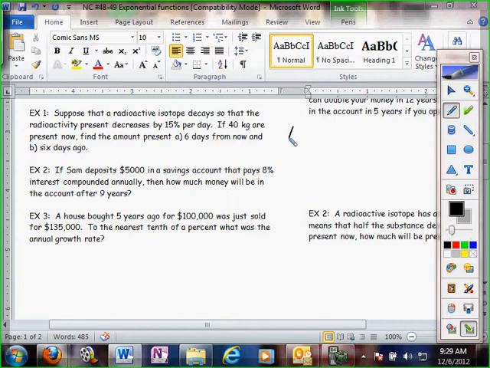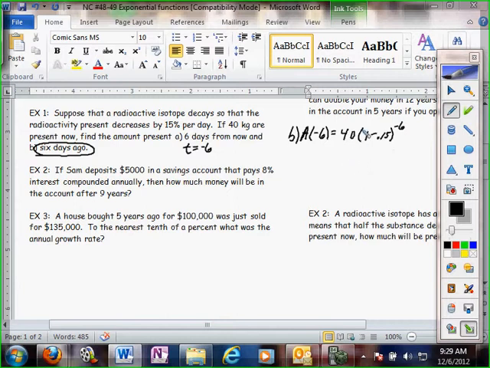Now, looking at part B, my formula is going to be a little bit different. I'm going to have A of negative 6 because I want 6 days ago. That means I want negative 6 for time t. So the difference in part B is that t is equal to negative 6. A of negative 6 is equal to A naught, which is still 40, the initial amount, times 1 minus 0.15 to the power of negative 6 days ago.